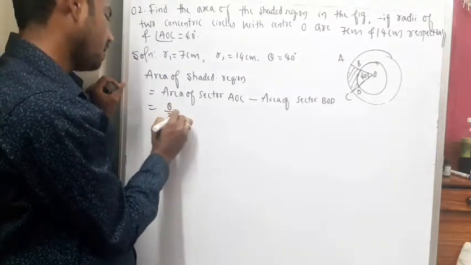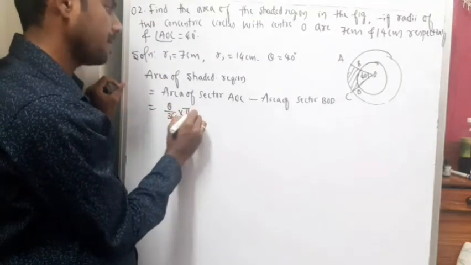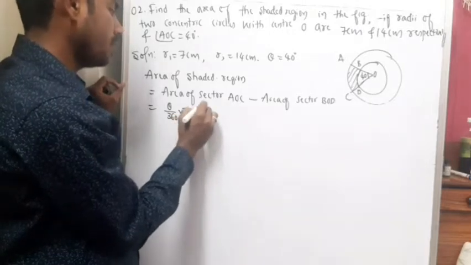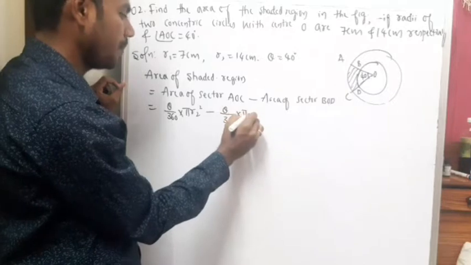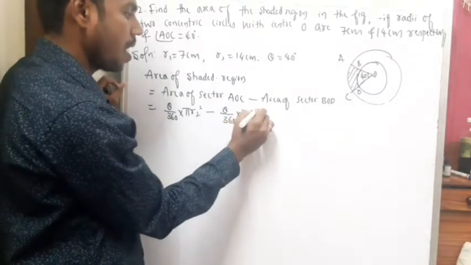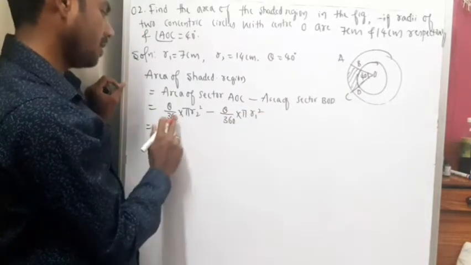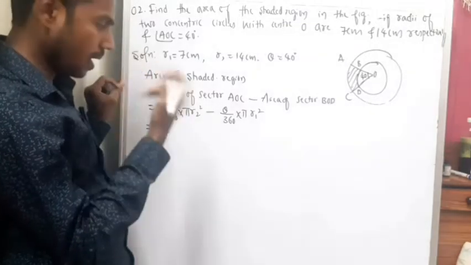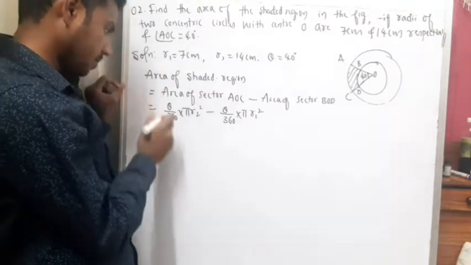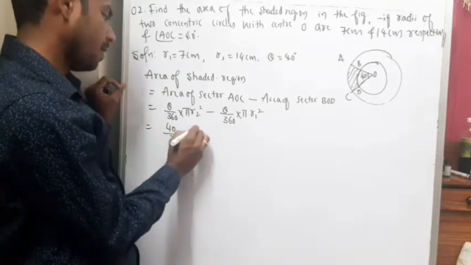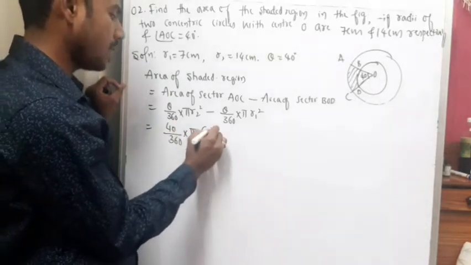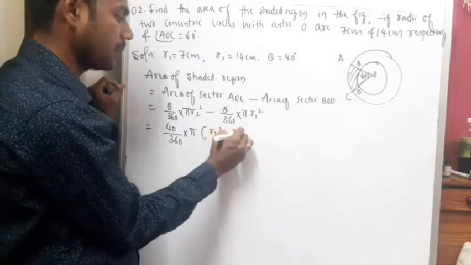Theta divided by 360 into pi R2 square, minus theta divided by 360 into pi R1 square. What is common? Theta by 360 into pi is common, I'll take it out. Theta is 40, so 40 divided by 360 into pi into R2 square minus R1 square.